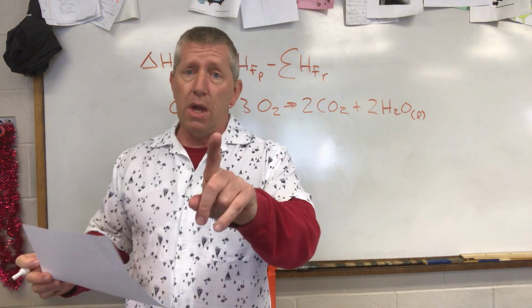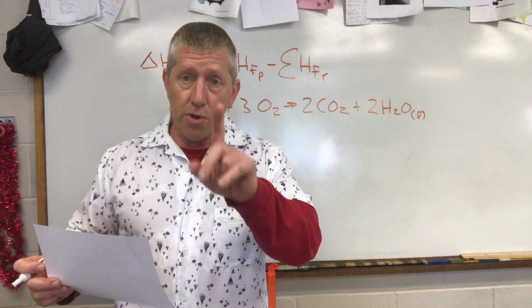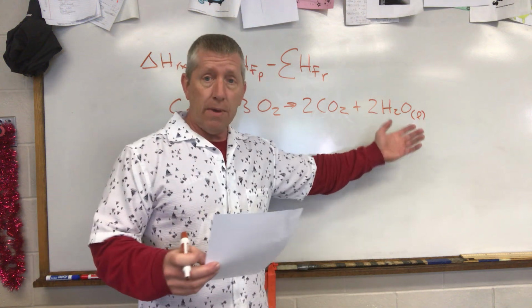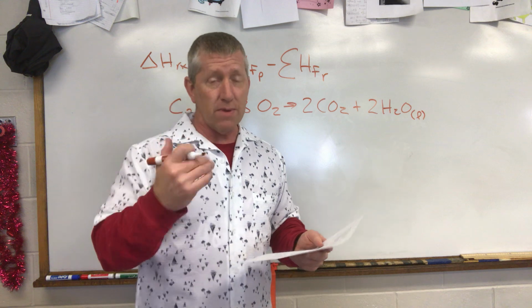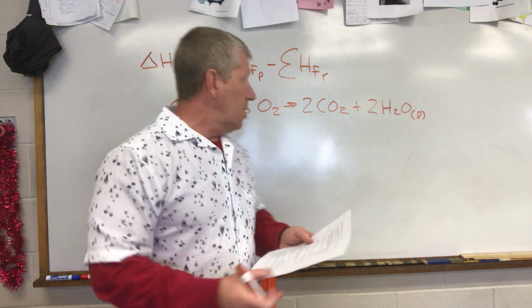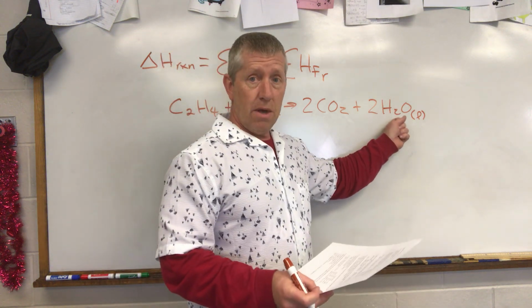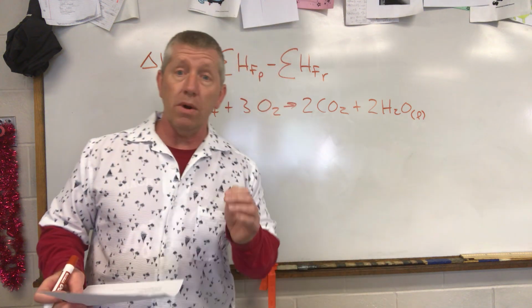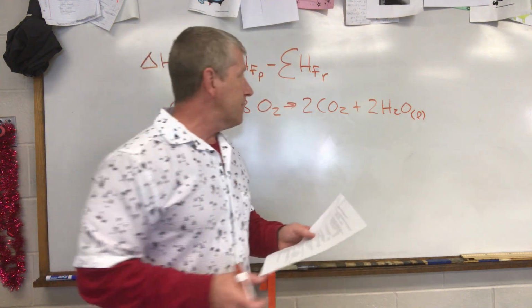So we have to make sure we're looking up the correct state of that element or compound that we're using because under different states, they have different values. So the heat of formation of liquid water is not the same as the heat of formation of water vapor. So be careful with that.